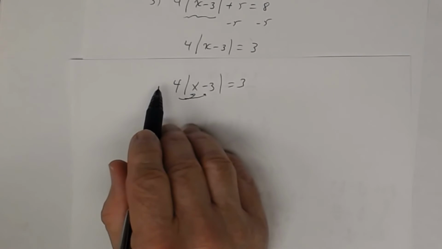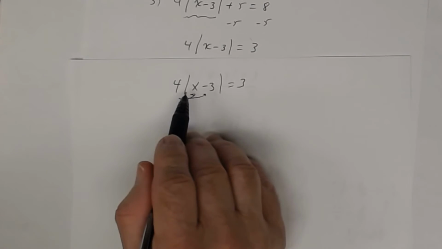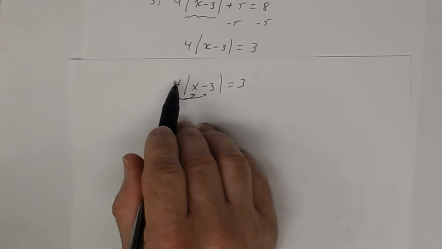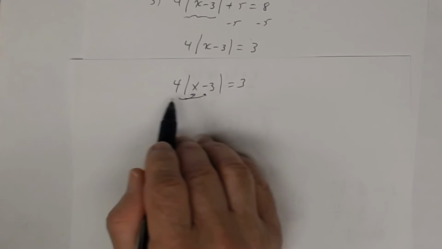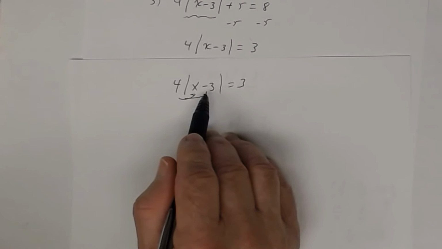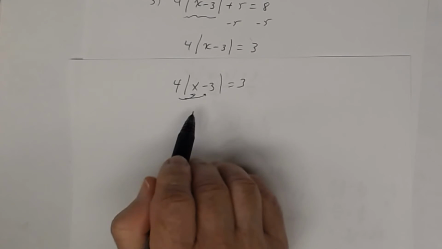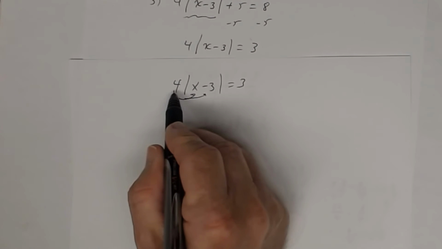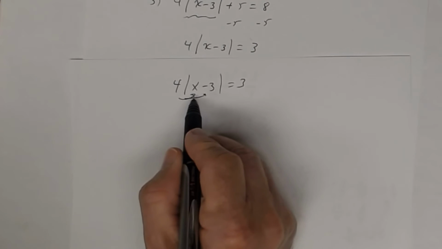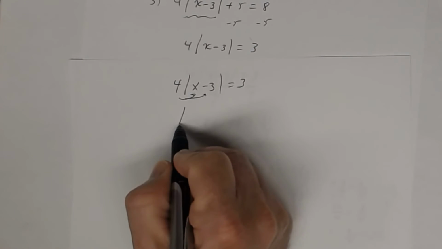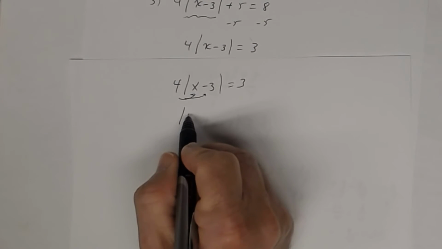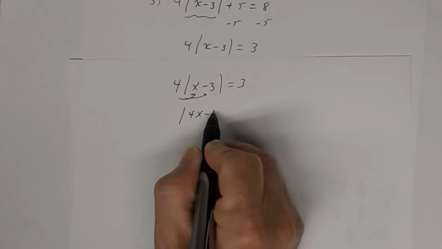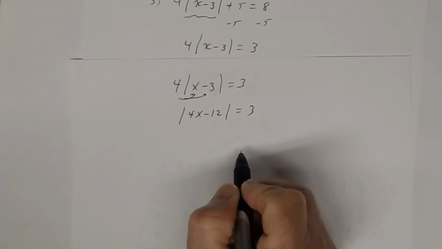This is not negative parentheses, those are absolute value bars. If this is negative, you cannot distribute a negative number within those absolute value bars and think that those two equations are equivalent. They're not. Okay? But since that's positive, I could have distributed, and so you would have said the absolute value of 4x minus 12 equals 3, just like that.